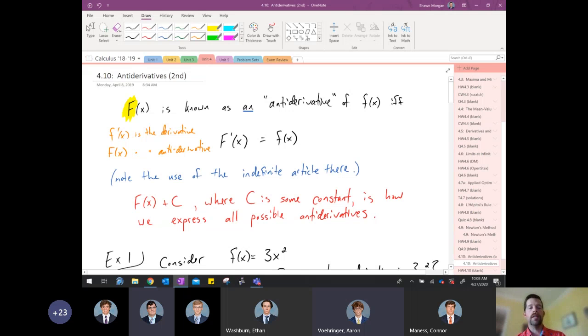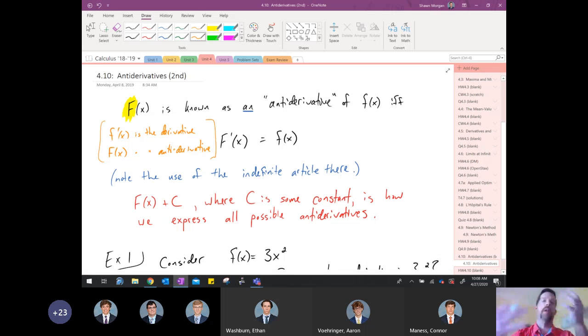And again, we're still at the point where we're just kind of like, well, I don't know what that quite means, and that's okay. We're working with it. But notation-wise, we use a capital F or capital G or capital H, whatever the function's named. We use a capital letter to denote that, hey, we're talking about its antiderivative.